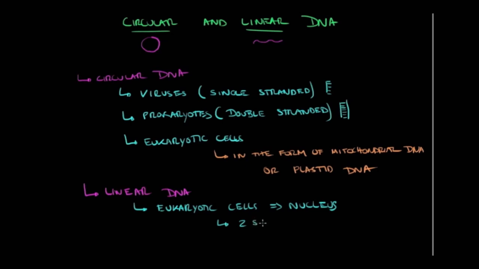It's two single-stranded DNA molecules bound together by hydrogen bonds, like I mentioned way before, forming the double-stranded ladder that we know very well, but all in the linear form. This linear DNA found in the nucleus is then found in chromosomes.